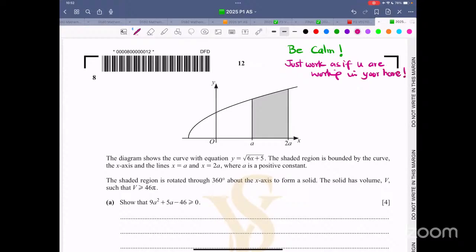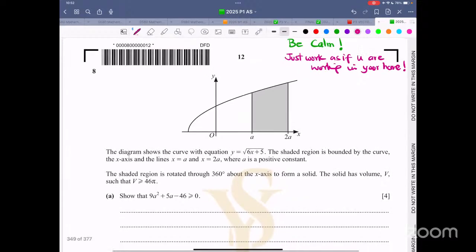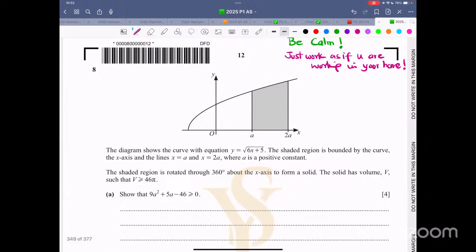Of course, that anxiety is there, but you cannot achieve anything by anxiety. Third, underline important details. And the fourth thing, show all necessary working.